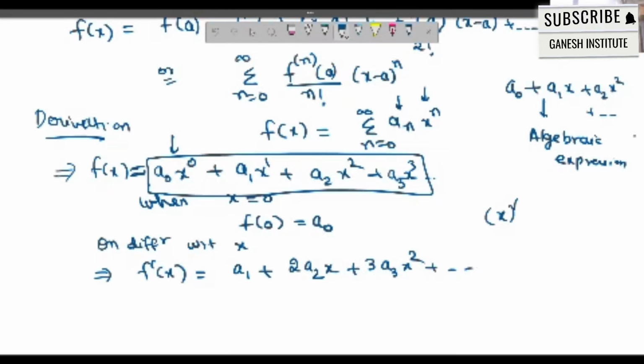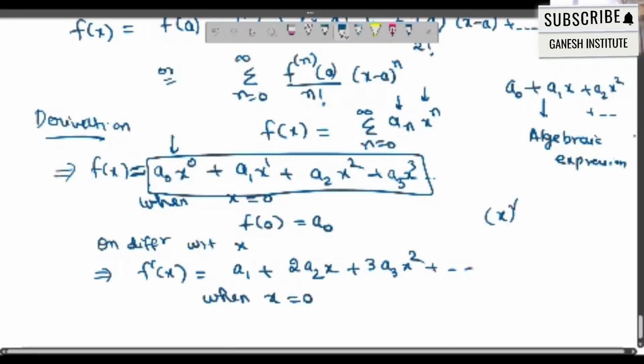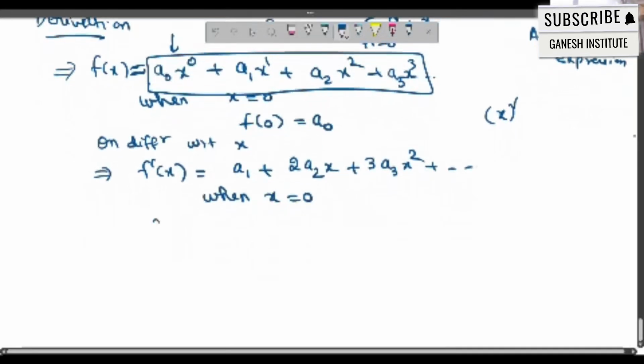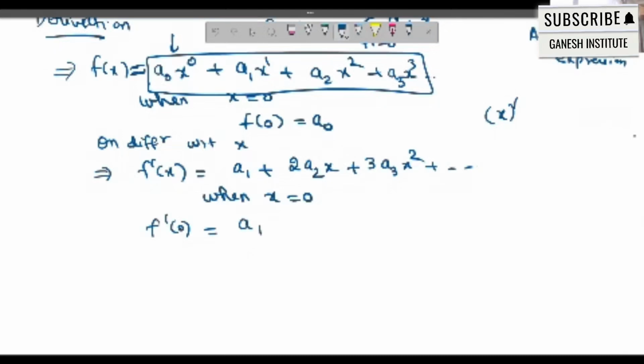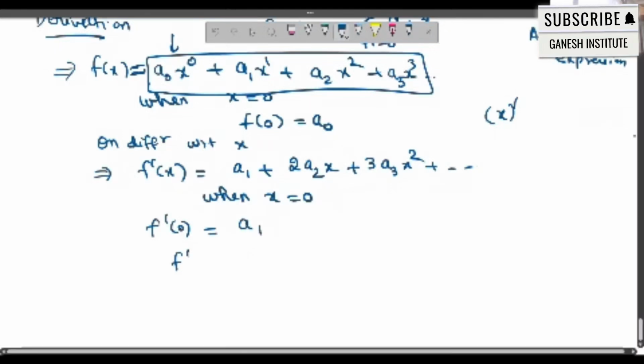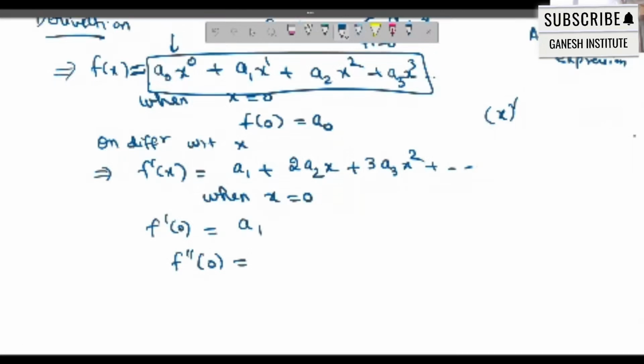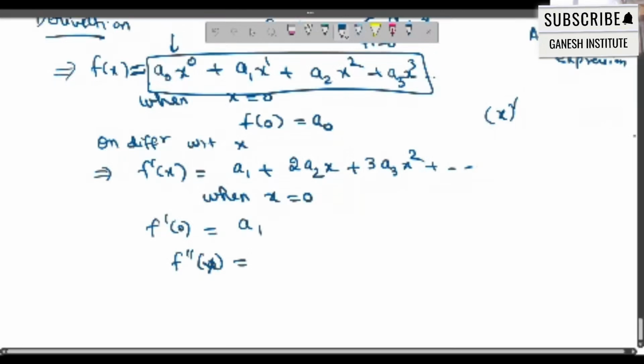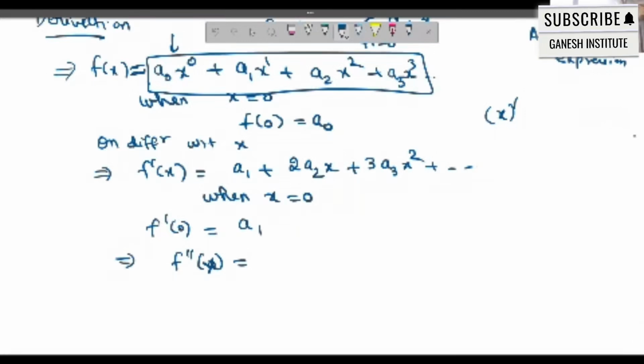Now, if I ask you again, if you put x as 0 here, what will happen to a1? Now, if you again differentiate, firstly f double dash x. This is your f dash x.